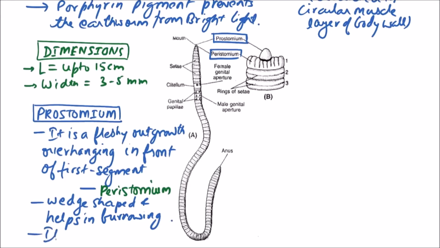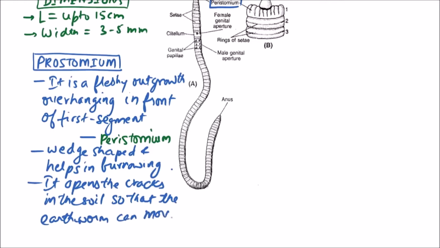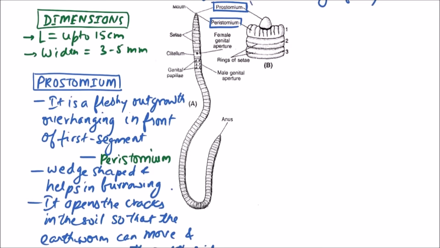It opens the cracks in the soil so that the earthworm can move and make way through the soil. So this is the prostomium.